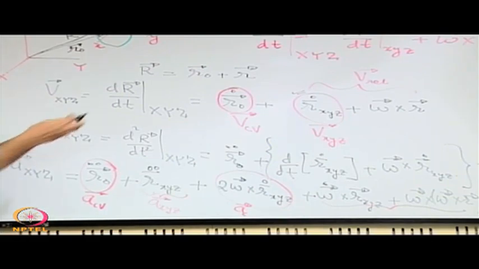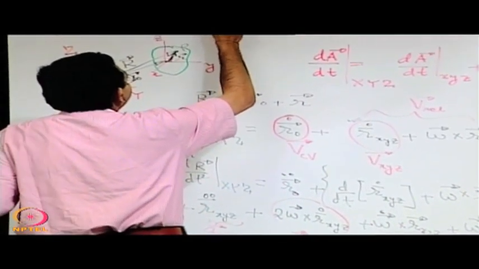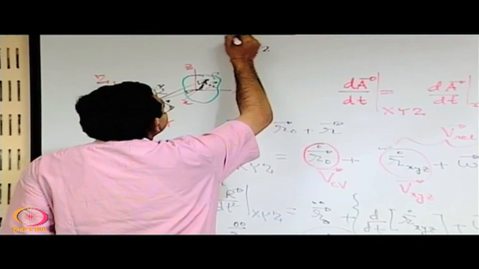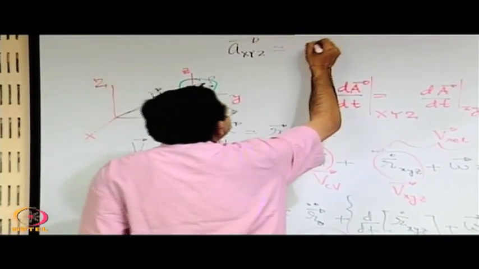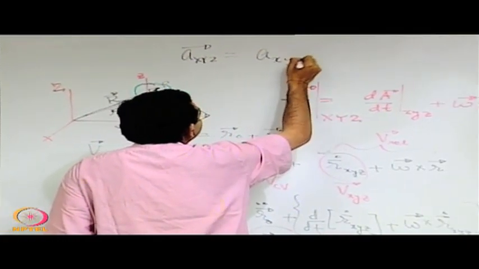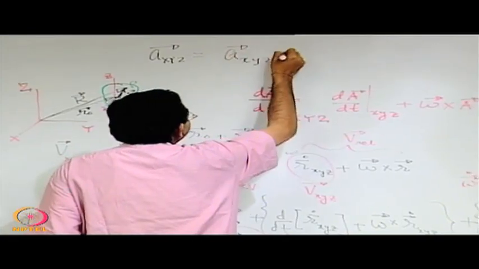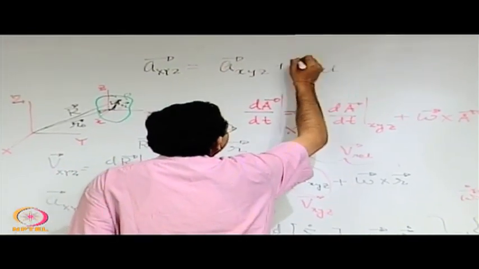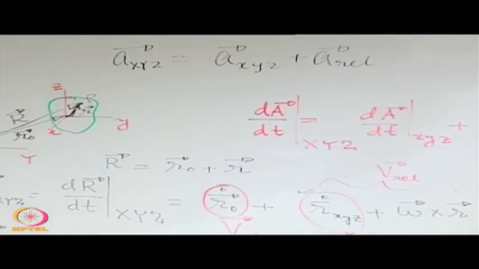So, we will just write A capital XYZ is equal to A small xyz plus, let us give all the other terms a name, A relative. This is just a name that we are giving.